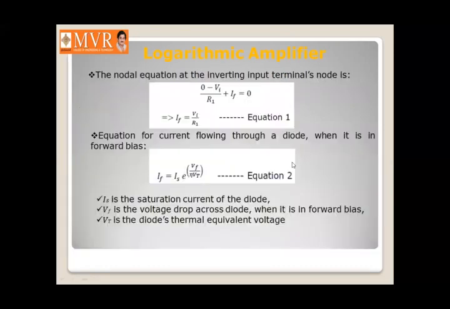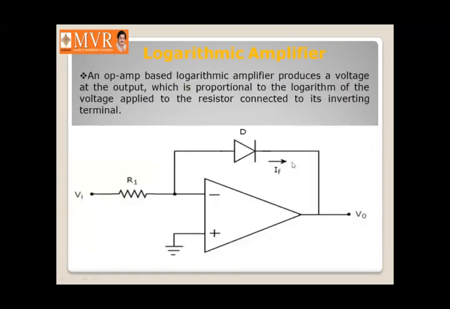By writing the nodal equation at the inverting input terminal, as we know, due to the virtual short or virtual ground concept, as the non-inverting terminal is grounded, the potential at the inverting terminal, at this node, is also zero.